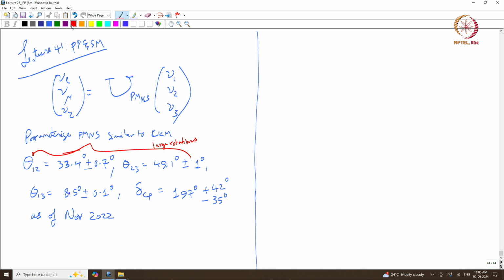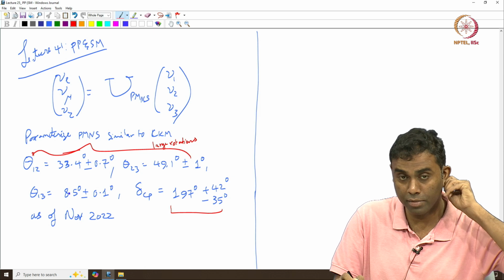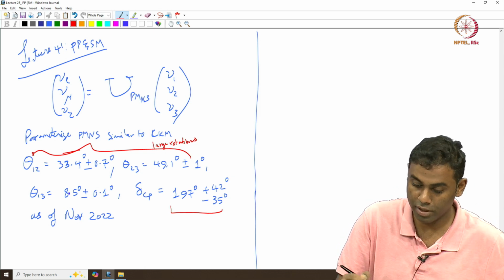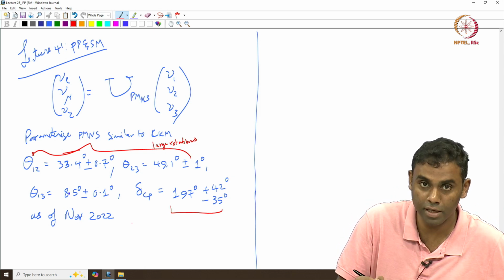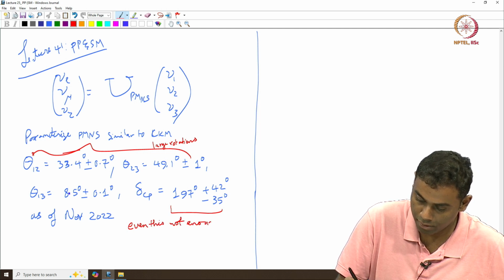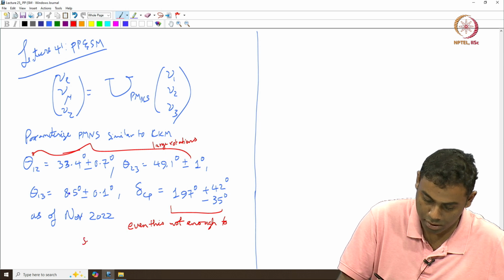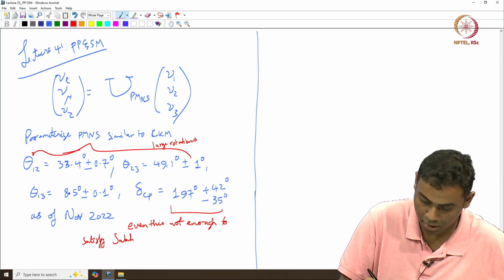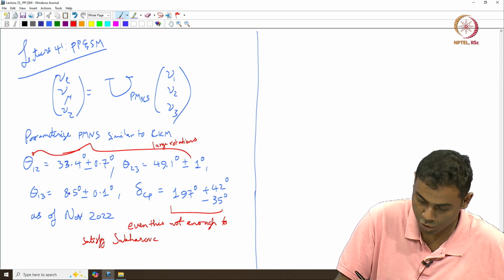The other is, look at the CP violation. It seems like a big angle, right, it seems like a big phase. First of all, even this phase is not enough to satisfy the Sakharov conditions.